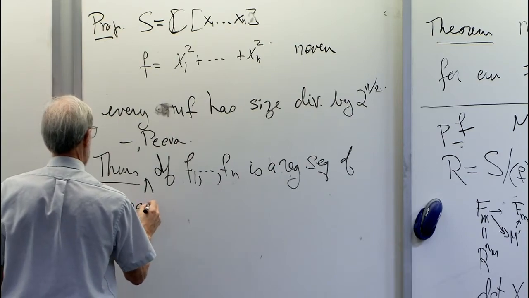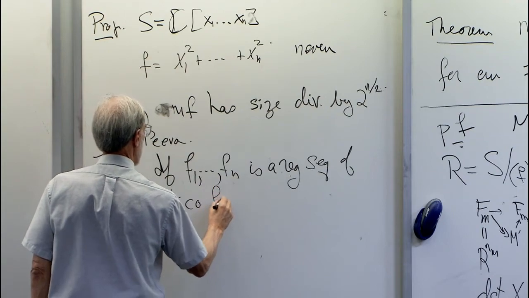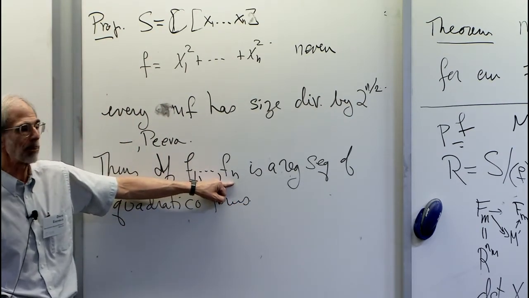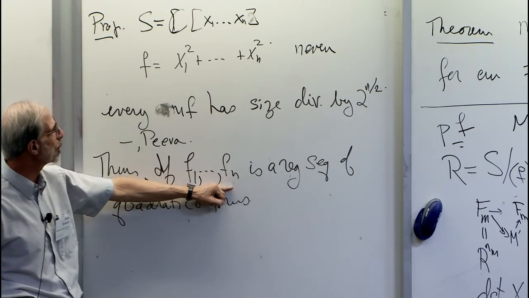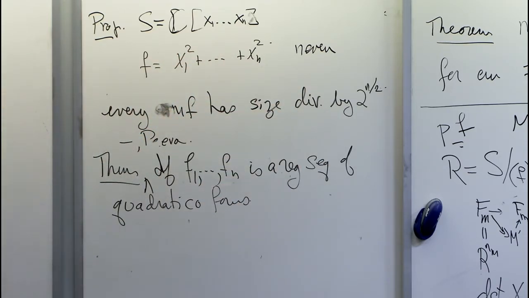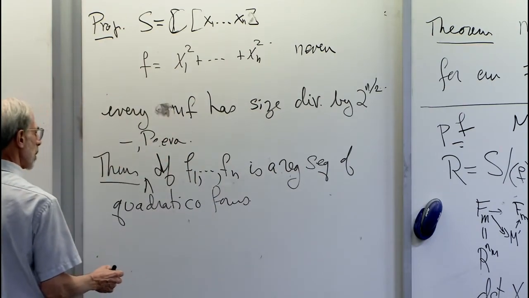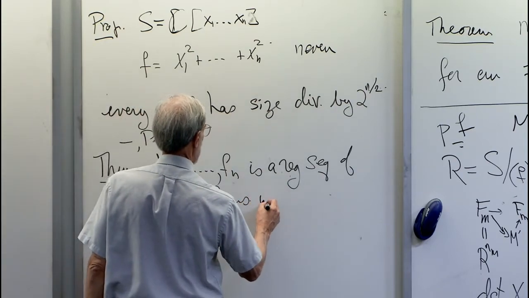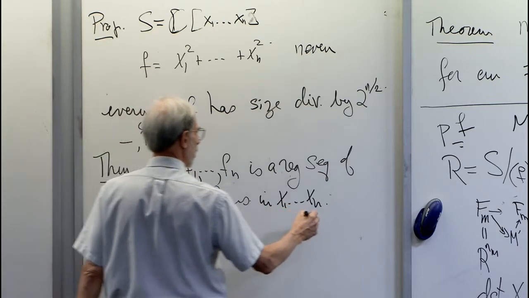That just means that the variety defined by these F's in projective space is empty. Right? It's as small as it could be. The only place in which they've all vanished together is when all the variables are 0. This is over an algebraically closed field, I guess. It doesn't even need that. Quadratic forms in x1 up to xn over a field C.